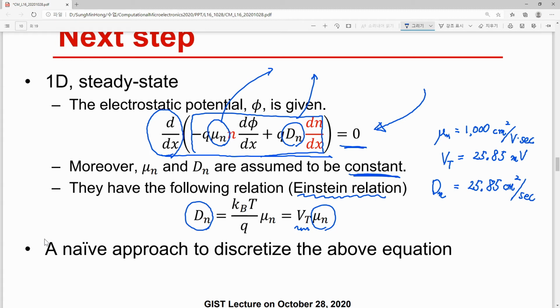Of course, if you have different numbers, your D sub n will change accordingly.